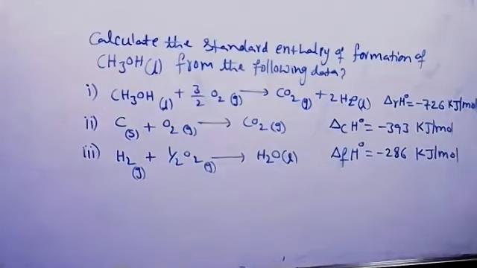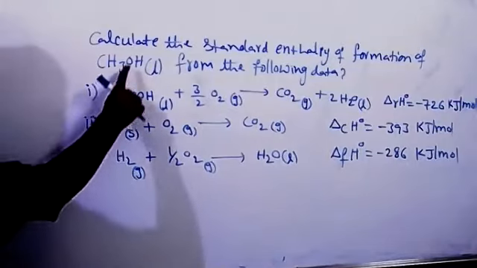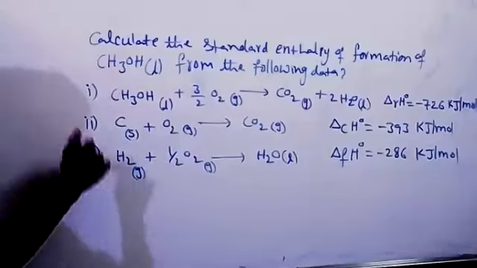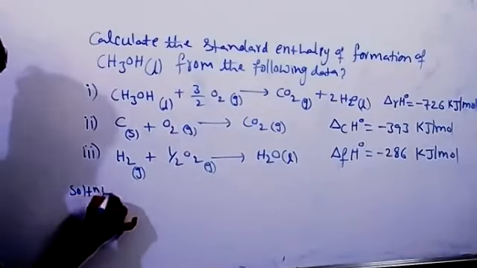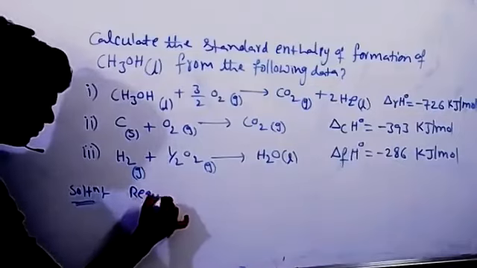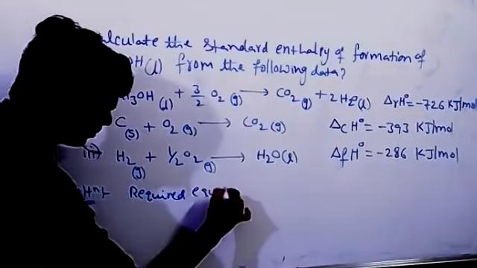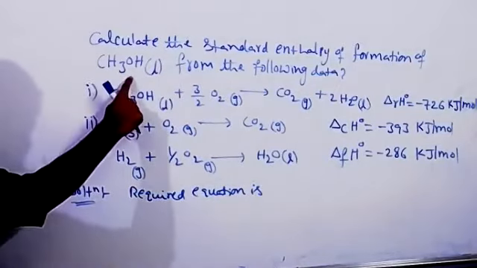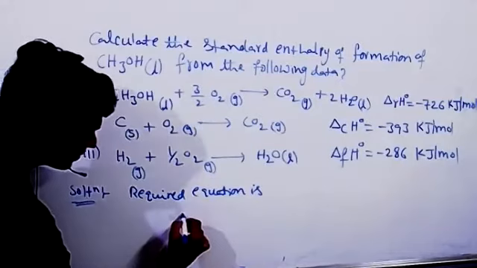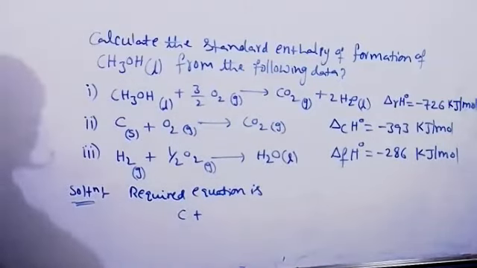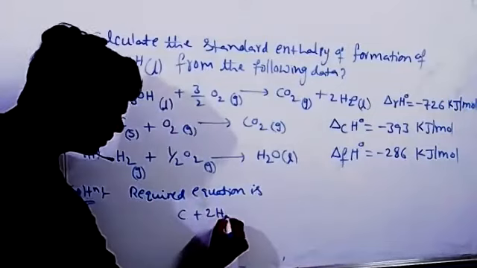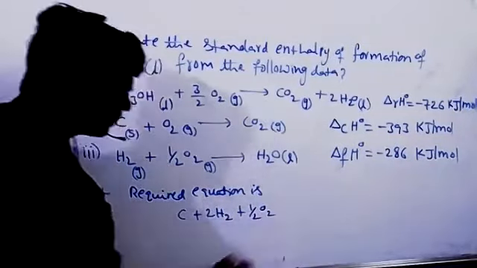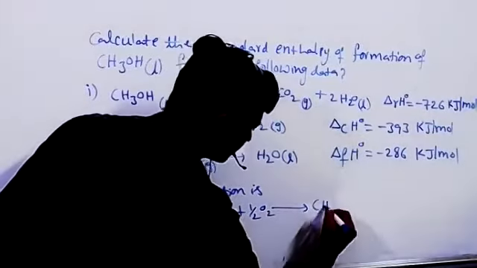So first we have to write the required equation. We want the enthalpy of formation of methanol. So the required equation is: we want to get methanol, so carbon and 2 H2 molecules plus only half oxygen involve, and it gives methanol.